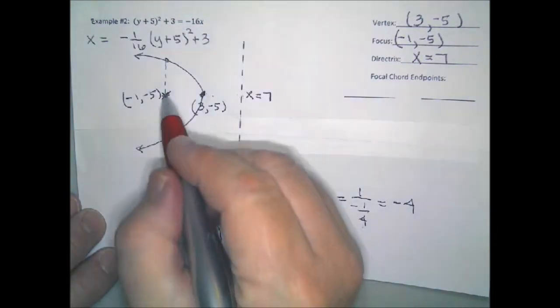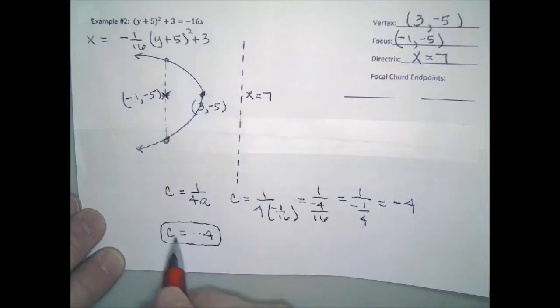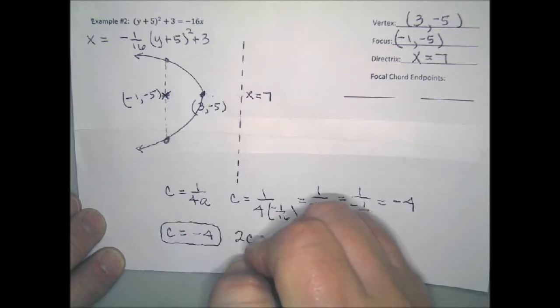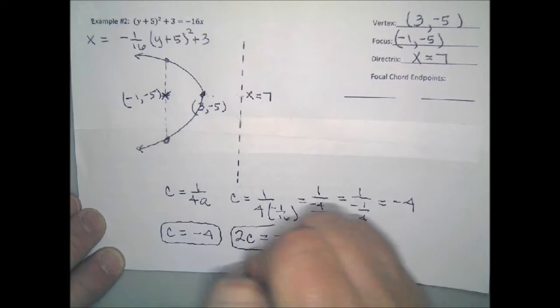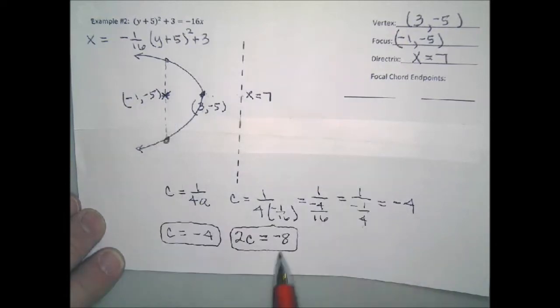And this unit is dependent on the distance of 2c. So if my c was negative 4, then my 2c equals negative 8. And since we're just talking distance anyway, you could think of the absolute value of negative 8, which is 8.